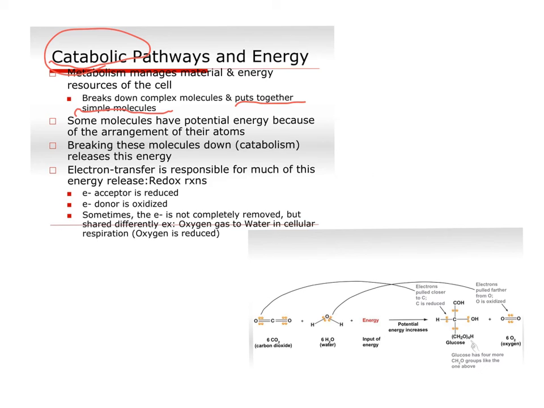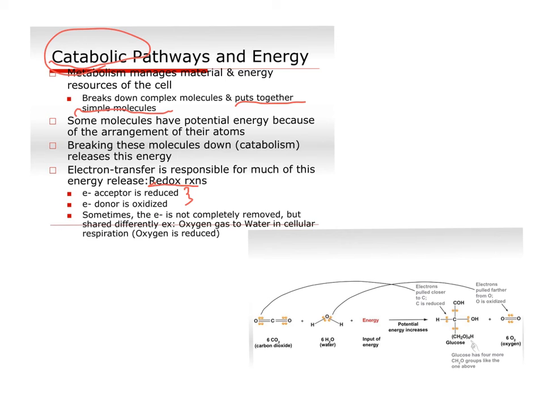Also, what you have to remember in both photosynthesis and respiration is that electrons move through these processes. And you're used to thinking in terms of chemistry where you have these redox reactions, where the electron acceptor, the one that actually pulls an electron away from another molecule, is reduced while the electron donor is oxidized.